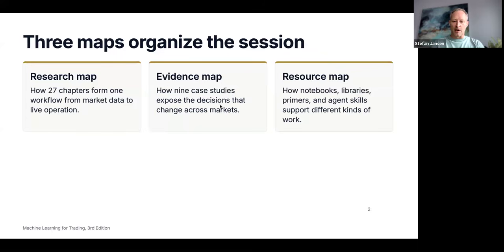And then also the resource map, which talks about the various additional ecosystem components. There is a lot that in 2026 you can do to support and produce a different learning experience than you could 6 years ago. So there's a lot more available today than there used to be.